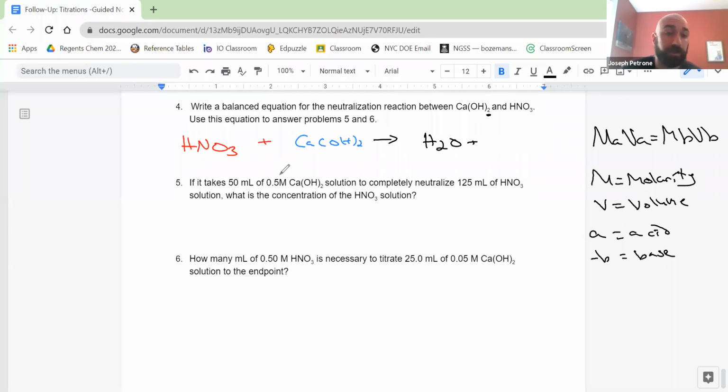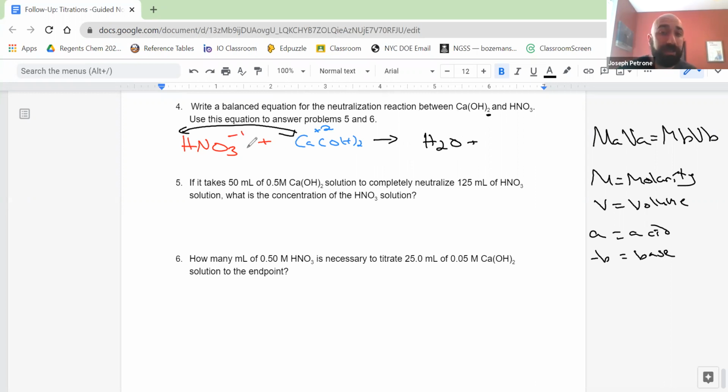Our reaction, of course, still undergoes this double replacement reaction. So calcium and hydrogen are going to switch places. H bonding to the OH gives us our water. But now calcium is bonding to the nitrate ion. But something to note, calcium has a +2 charge, where the nitrate ion is -1.